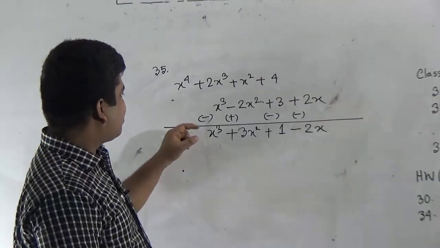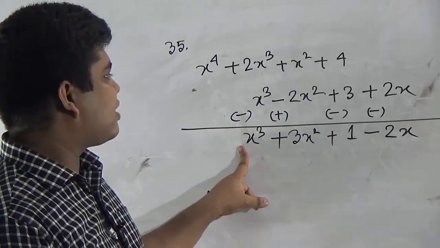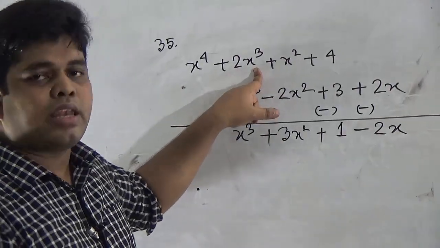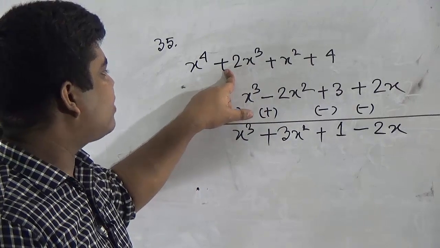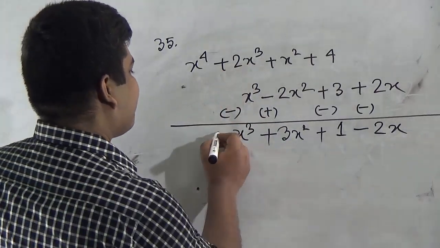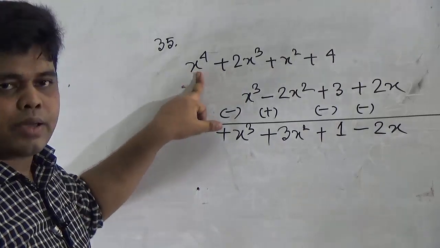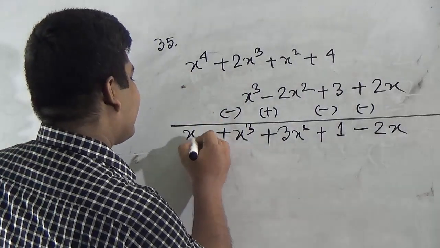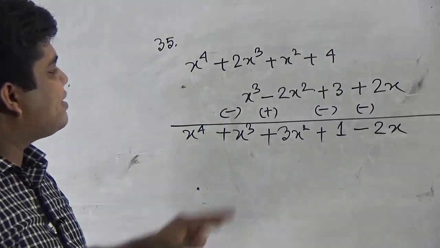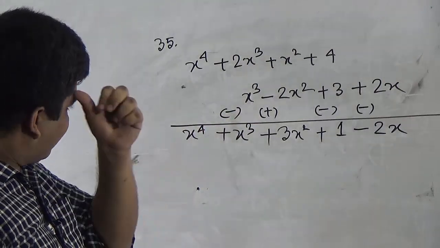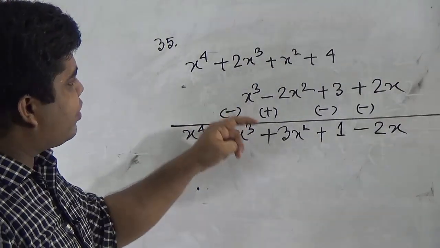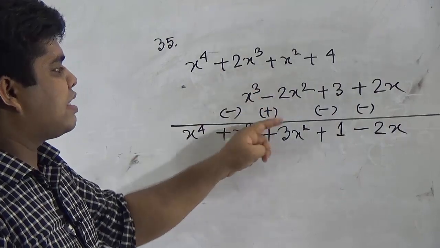Okay. So we write here plus sign or minus sign. Here 2x cube is the largest number and it contains a plus sign. So we write here a plus sign. My dear students, notice x to the power 4 is left. So we write this x to the power 4. We only change the expression which is below the first expression.